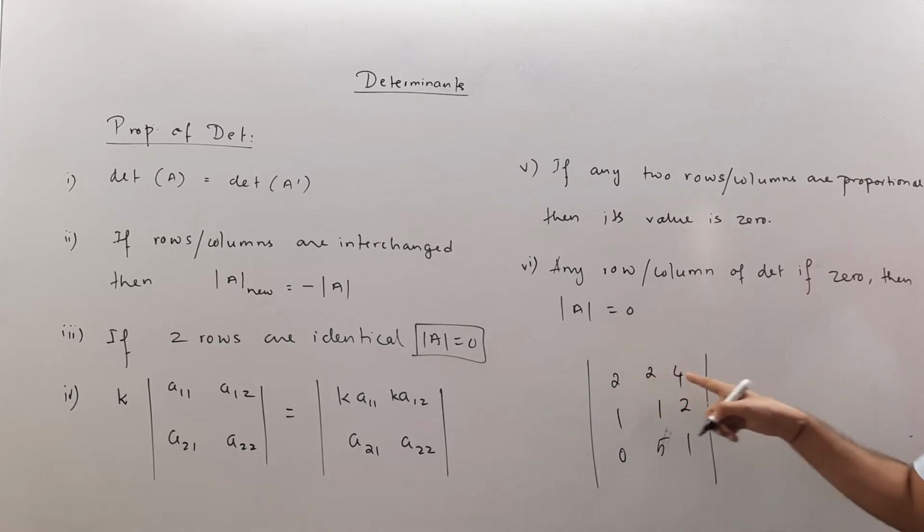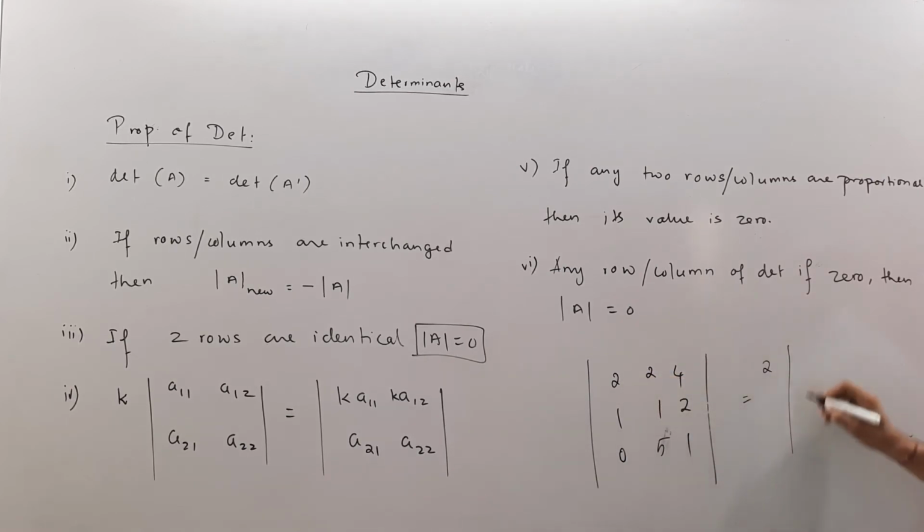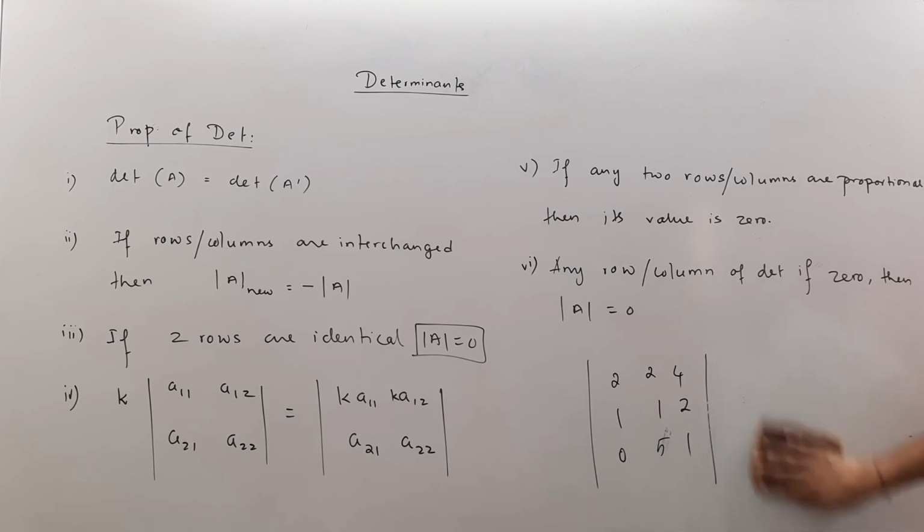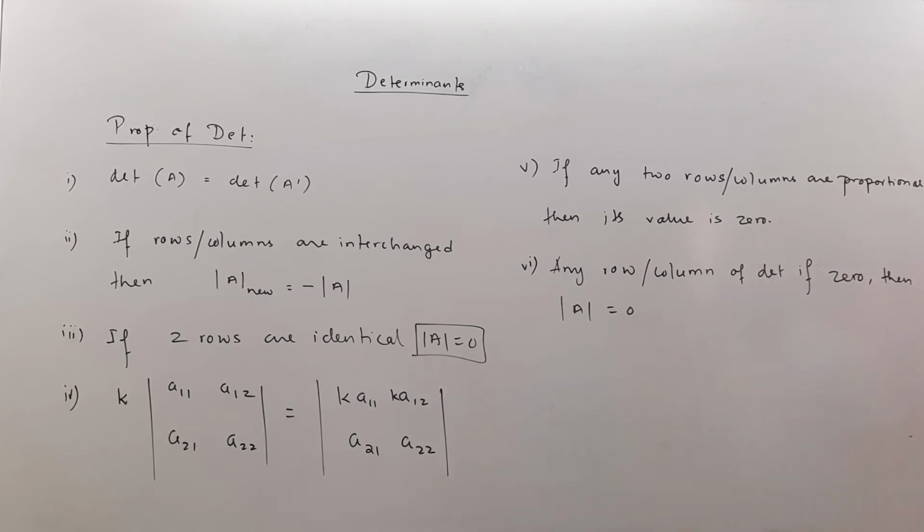Now you can see that 2 is common over here, so I am taking the 2 out, and you can see that 1, 1, 2 is what I will get. Here I will get 1, 1, 2. So obviously the two rows are identical, and we have seen that if two rows or columns are identical, then the value of the determinant goes to 0. Let's quickly go to the next property.